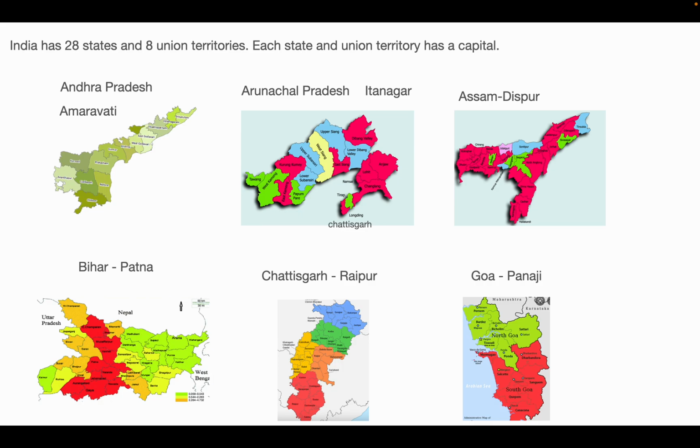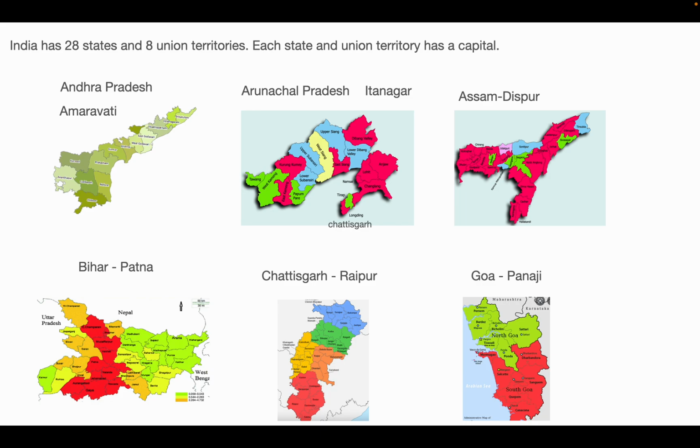So the first state is Andhra Pradesh with the capital Amaravati. It's a newly recognized state. Earlier, Telangana and Andhra Pradesh were one state. Now it's been divided.